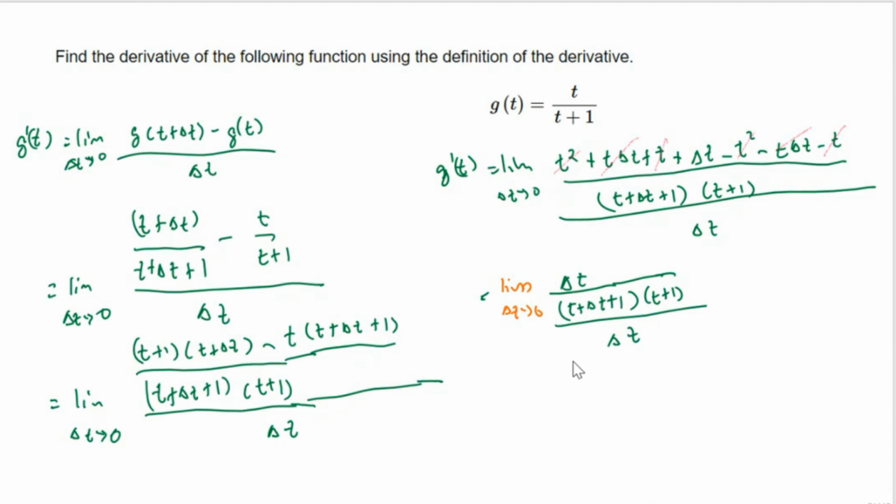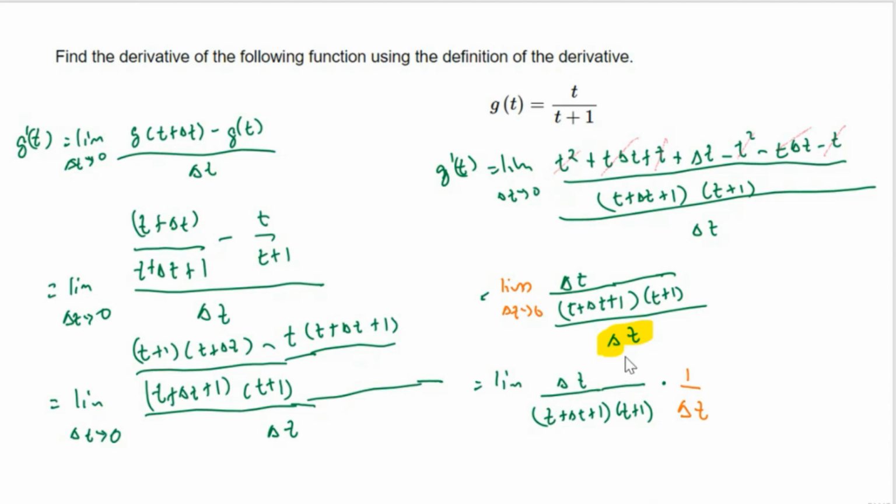So dividing that, that will now be equal to the limit of delta t over (t plus delta t plus 1) times (t plus 1), times, take the reciprocal of your overall denominator. So the reciprocal of that now will give us 1 over delta t. That's the reciprocal. So delta t has a denominator of 1.